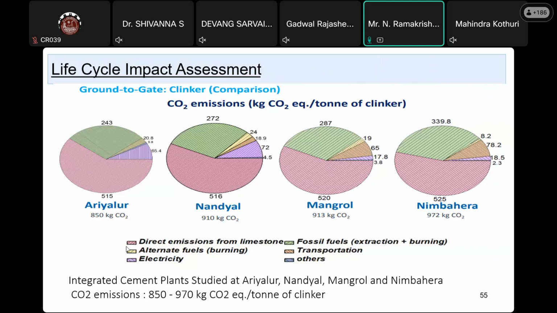The lowest is at Ariyalur, Tamil Nadu, and the maximum is 970 in Rajasthan. So this is the CO2 emission per ton of clinker, in kg CO2 equivalent per ton of clinker.